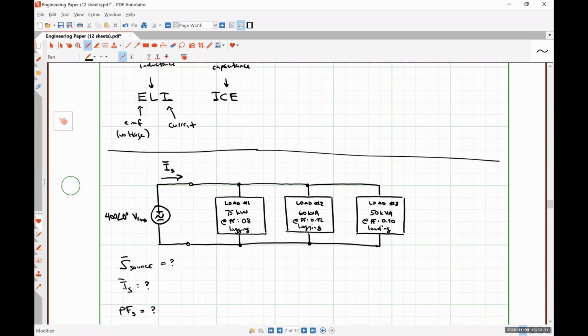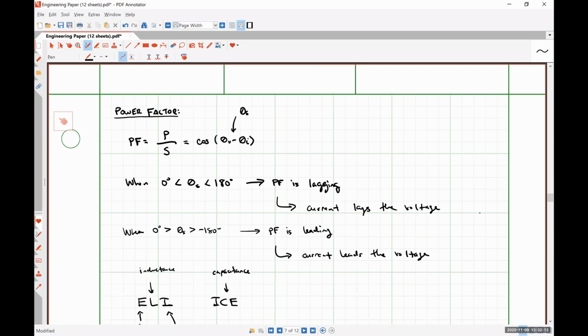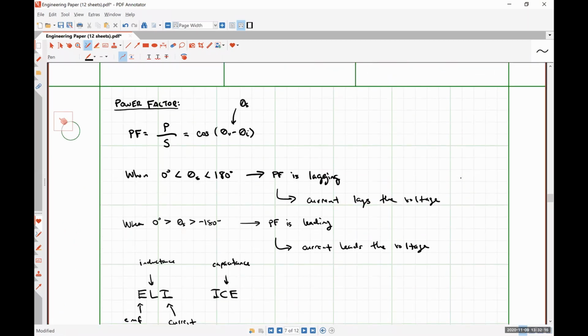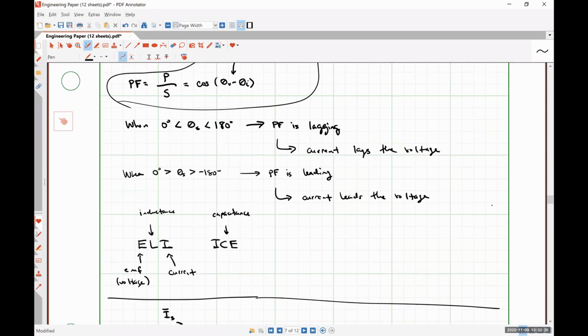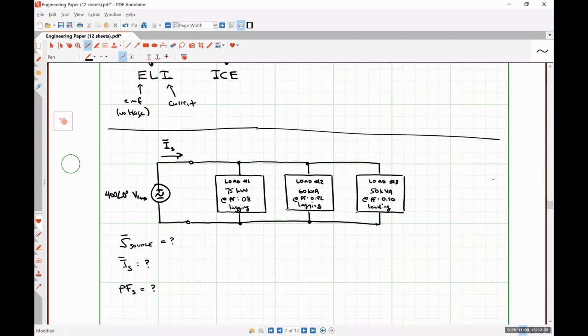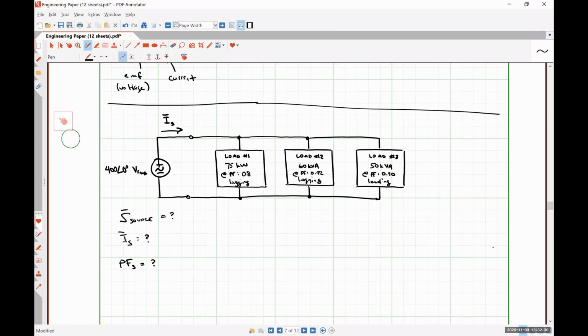So what we're going to do is use this relationship, and it's going to tell us practically everything we need to know about these loads, or at least everything we need to know to determine the complex power. So for example, let me put a line right here.